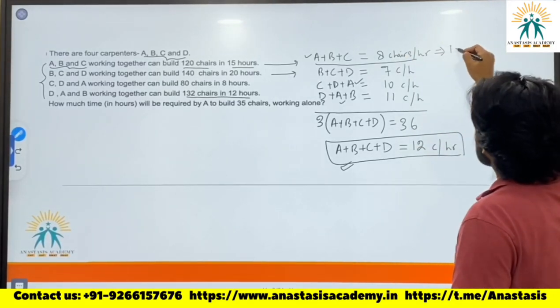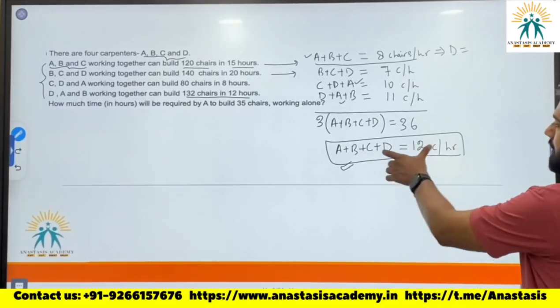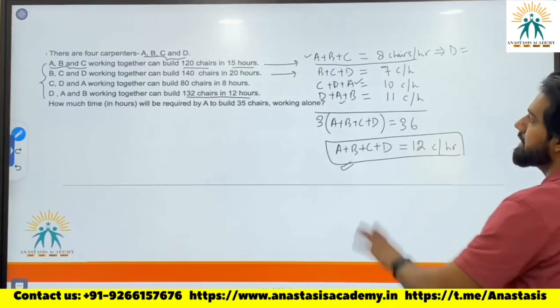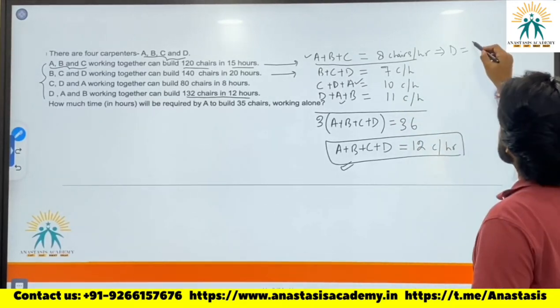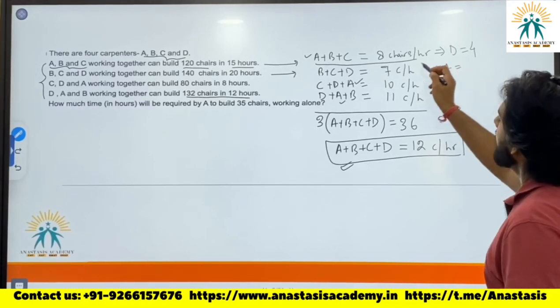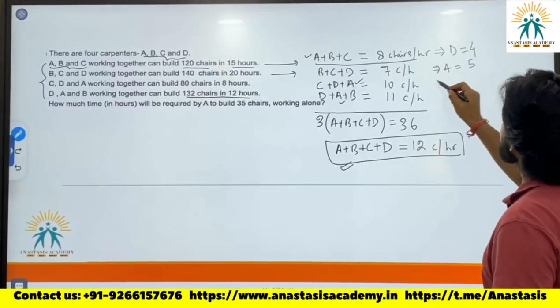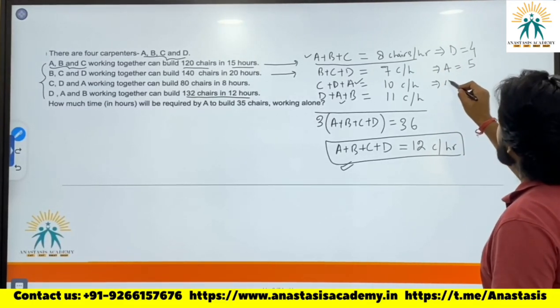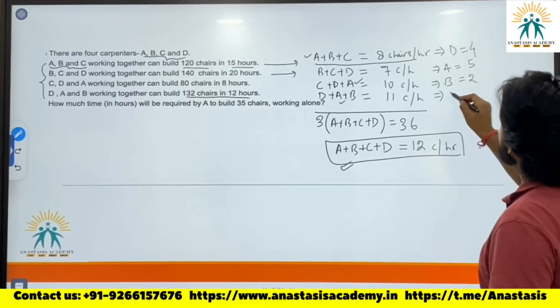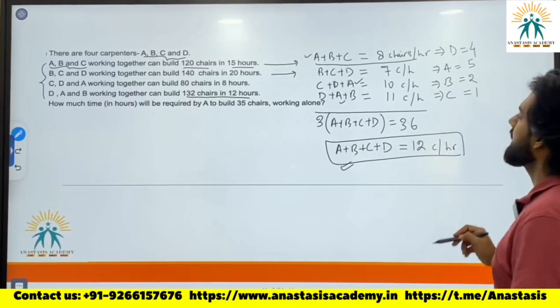D is missing. Because the sum of all the efficiencies is 12 and A plus B plus C is 8, the efficiency of D would be 4. From here I get the efficiency of A as 5 chairs, efficiency of B as 2 chairs and efficiency of C as 1 chair per hour.